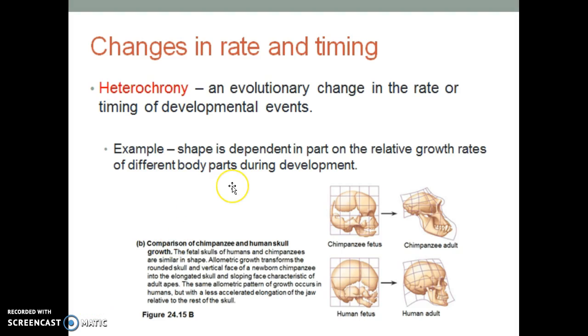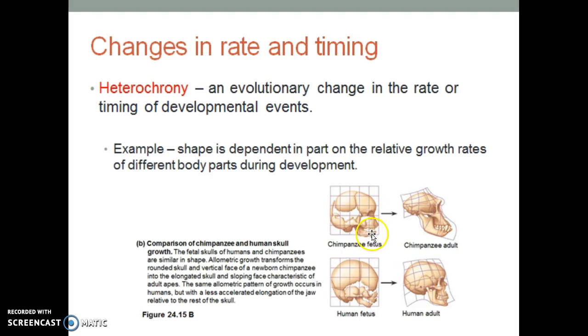An example: shape is dependent in part on the relative growth weights of different body parts during development. So if we look at the skull of a human and chimpanzee fetus, they look quite similar, but something happens in the rate of development in these growing skulls.